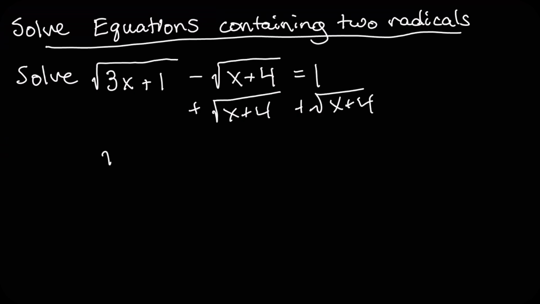So you're left with 3x plus 1, and that's going to be equal to 1 plus the square root of x plus 4, and then we're going to go ahead and square that.